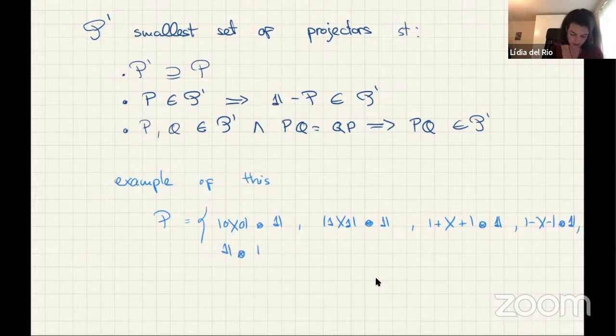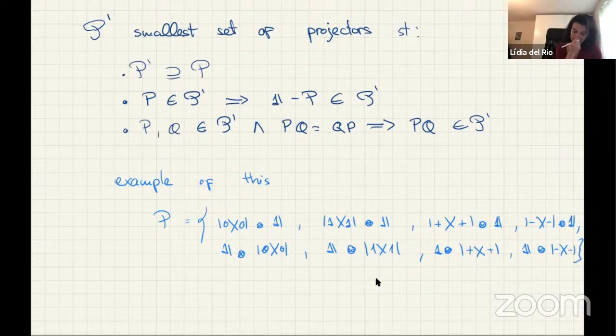Okay, so these are just our raw ingredients. Right? And then what this P thing does is to also include, so I'll not write the whole set of projectors, but it includes all the joint measurements.